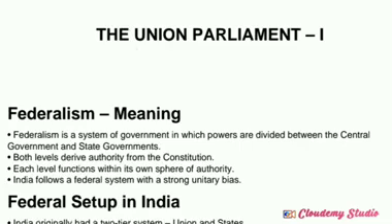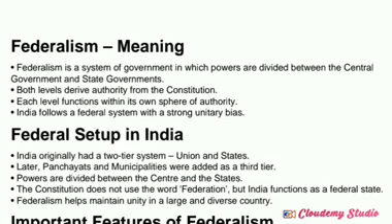So let's begin. First, the federal system. Our government is called a federal system of government here. What is the concept and meaning of the federal system? Power is divided between the central and state authorities.